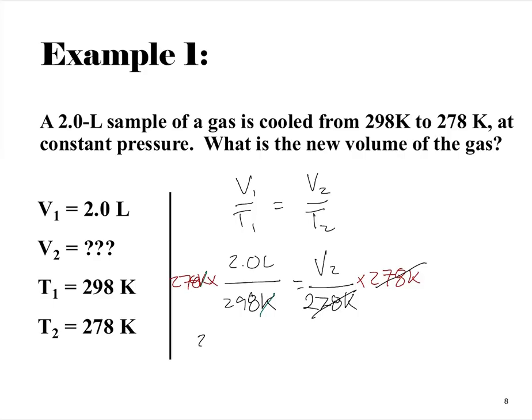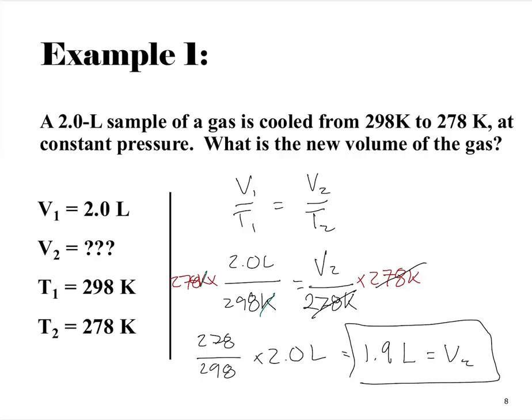So this is 278 over 298 times 2.0 liters. If I plug that in, 278 divided by 298 times 2, I get 1.8. These are all two sig figs, so I'll just say 1.9 liters equals my final volume.